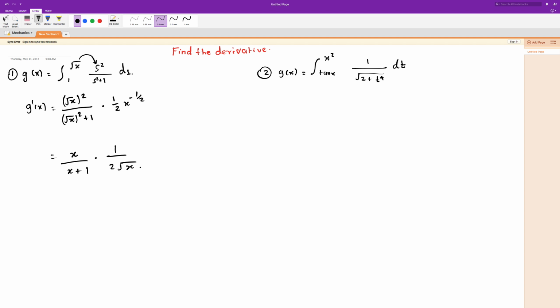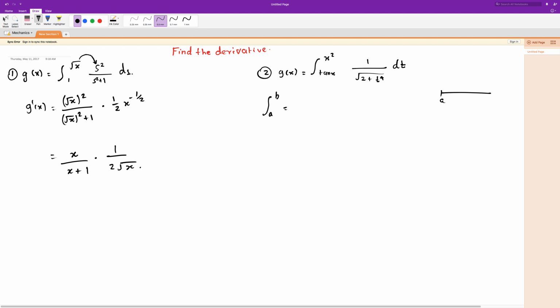So if you look at this function, we have the integral from tan x to x squared. So if you look at this, we have x in the bottom and x in the top. So we have to do something for this one. What we can do is, for example, if we have some integral from a to b, we can consider that there's a value in between.